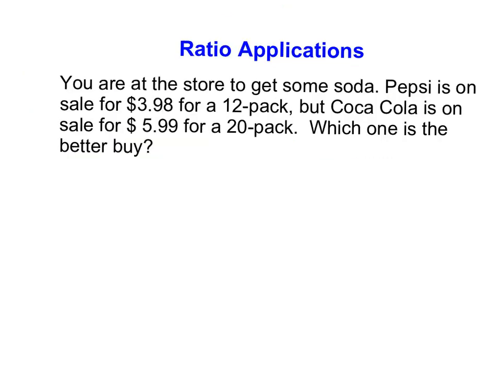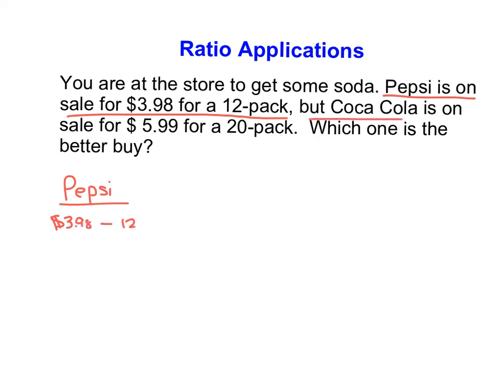So now let's apply our knowledge of ratios to start analyzing some different situations. So here it says you are at the store to get some soda. Pepsi is on sale for $3.98 for a 12-pack. So that's what I know about Pepsi. Pepsi is on sale $3.98 for 12.